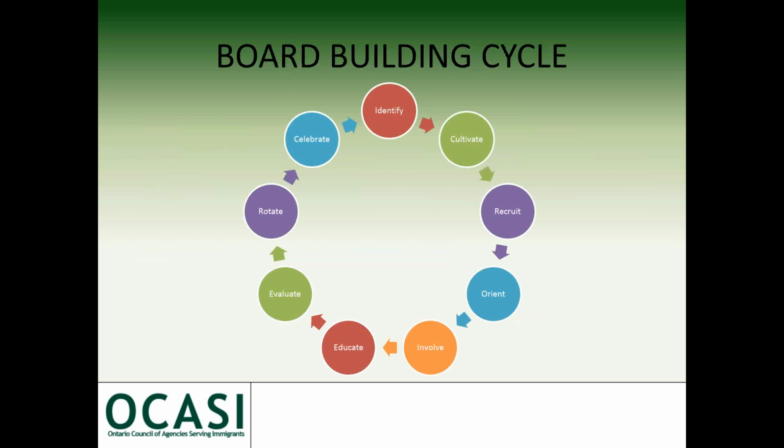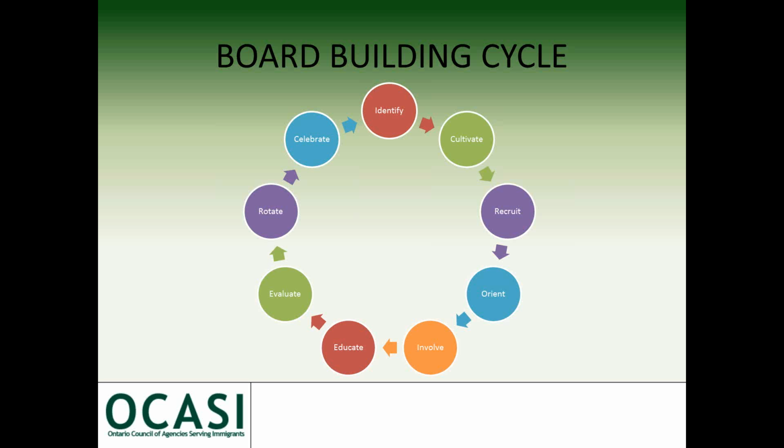The building cycle of a board. It's a very interesting process, and there's a gentleman who has spent a lot of time doing work on the 9 steps of setting up and recruiting board members. Brett Leahy is his name, and I noted the reference at the beginning, and in the next slide you'll see it as well.